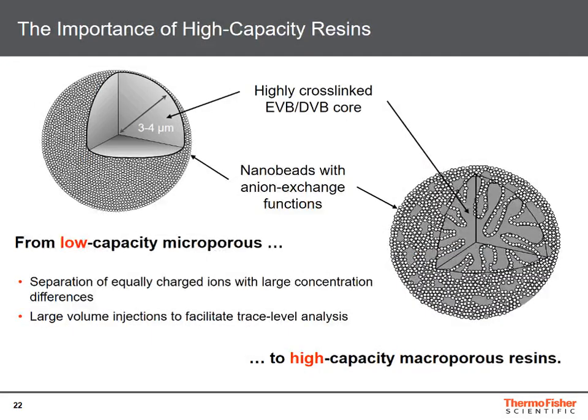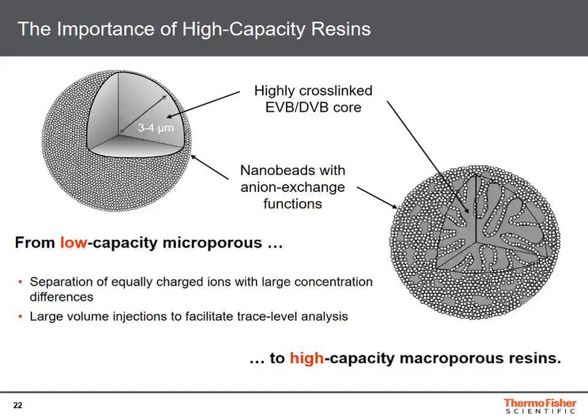A very important parameter in the discussion of ion exchange stationary phases is the ion exchange capacity of those resins. As mentioned earlier, we are differentiating between low capacity microporous and high capacity macroporous resins. A macroporous resin particle is shown on the right side of this slide.